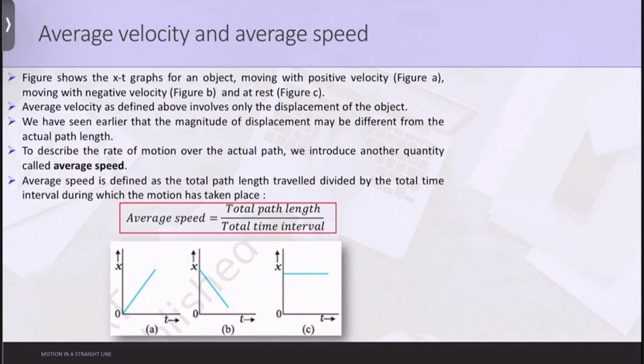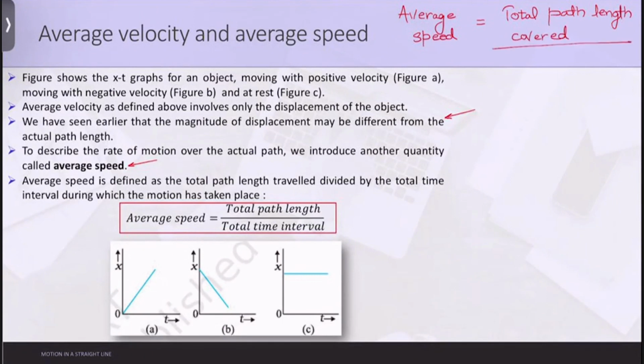So we have seen earlier that the magnitude of displacement may be different from the actual path length. To describe the rate of motion over the actual path, we introduce another quantity called average speed. We can also write the formula for average speed. Average speed is nothing but total distance covered, or total path length covered, upon total time.